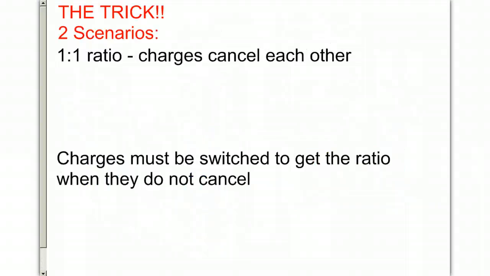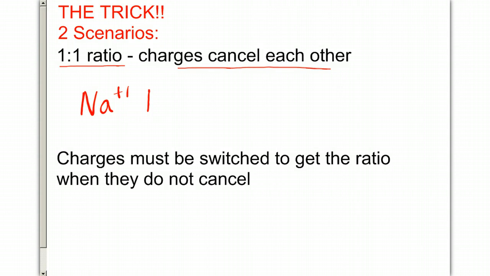So let's look at our shortcuts. There are two scenarios. You either get a 1-to-1 ratio where the charges will cancel. For example, if I had Na with a +1 and Br with a -1, then I need a 1-to-1 ratio because the charges will cancel. That gives me NaBr as my formula.